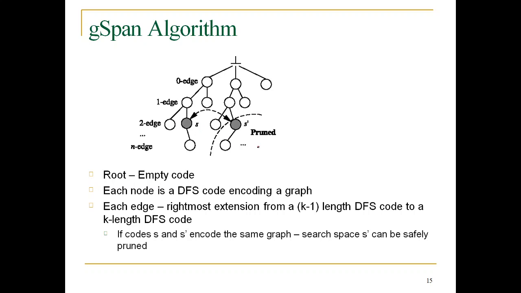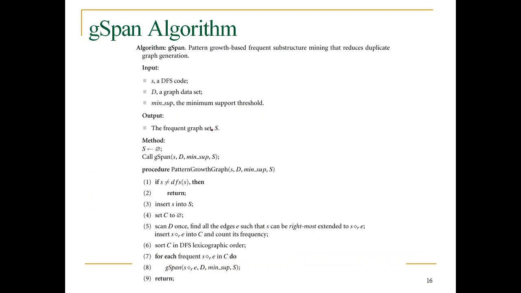So S dash is pruned, and we are going to remove the values and keep the values which have the frequent pattern. So this is the algorithm.